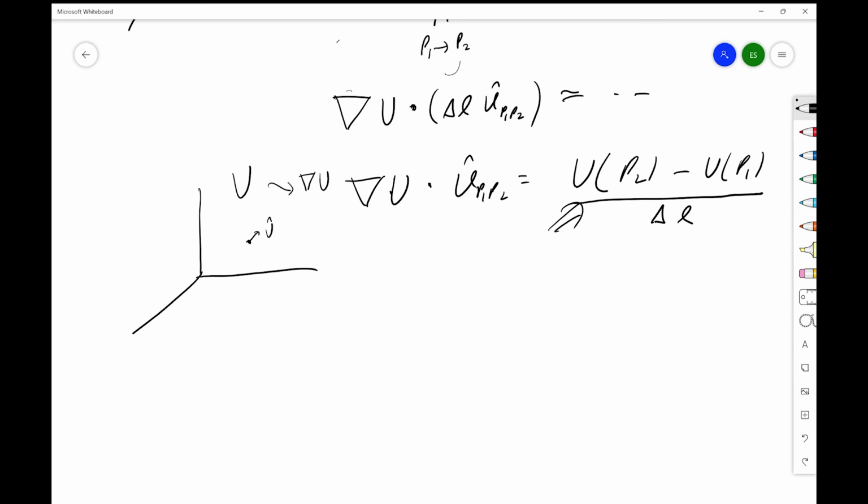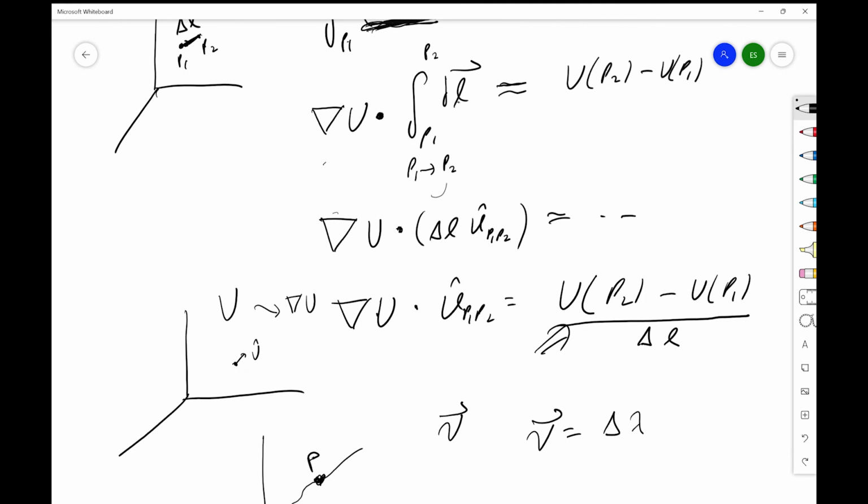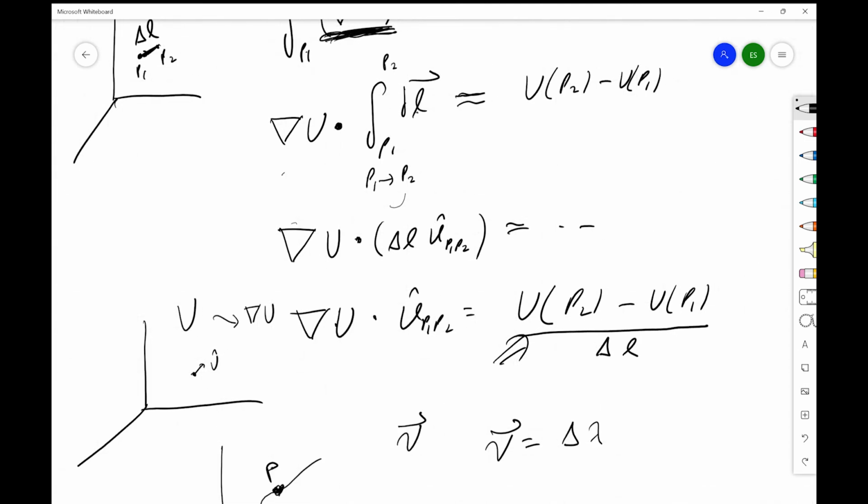Assume you are passing point P. So let's say you are at a point P, and you assume you are on a certain path. You are moving along a certain path, and you're passing the point P with a certain velocity v, right? Let's call this vector delta lambda.